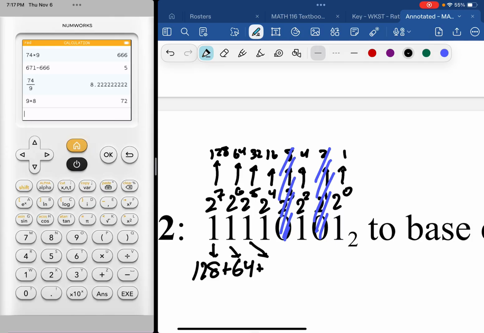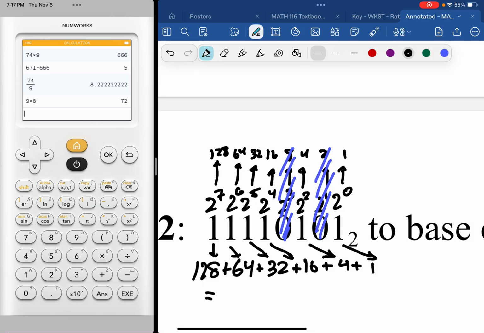The next one would be 32, 16, 4, and then lastly it would be a 1. So then it's just a matter of adding them up. 128 plus 64, so 192.